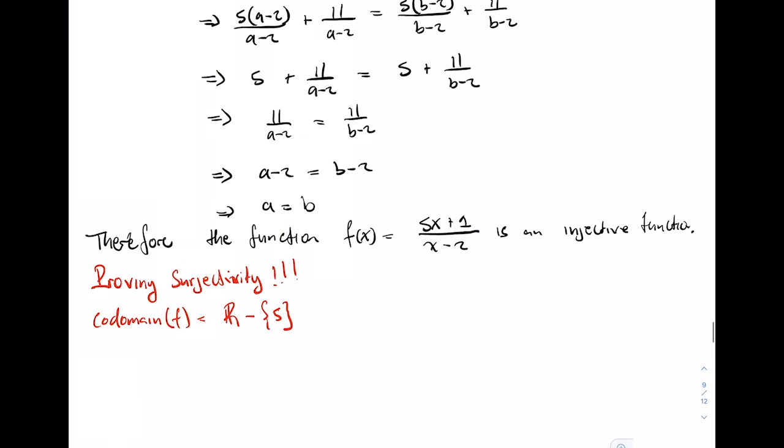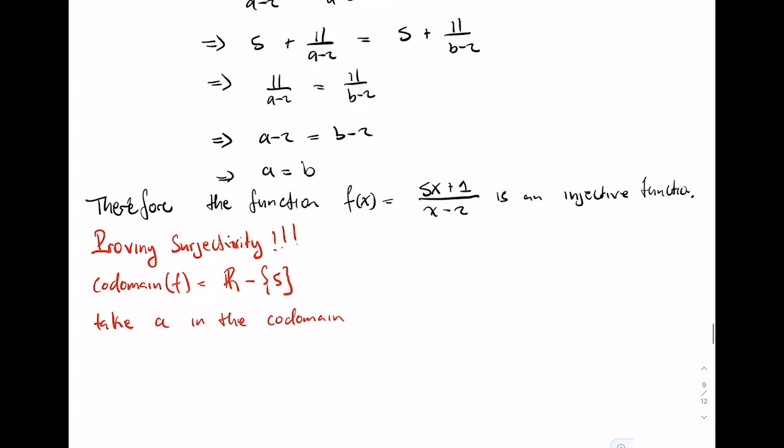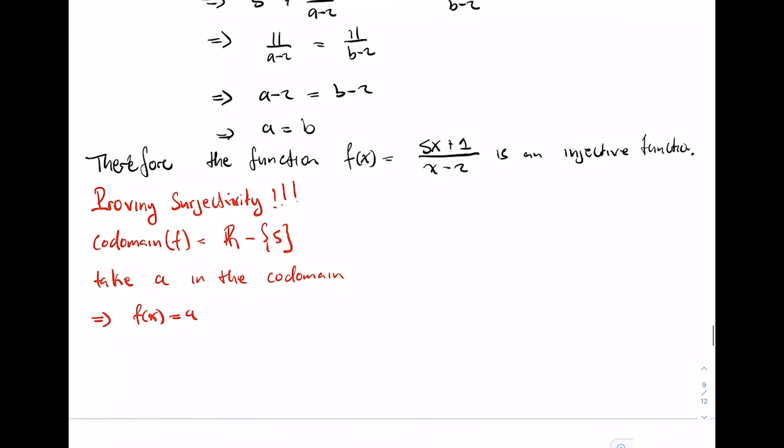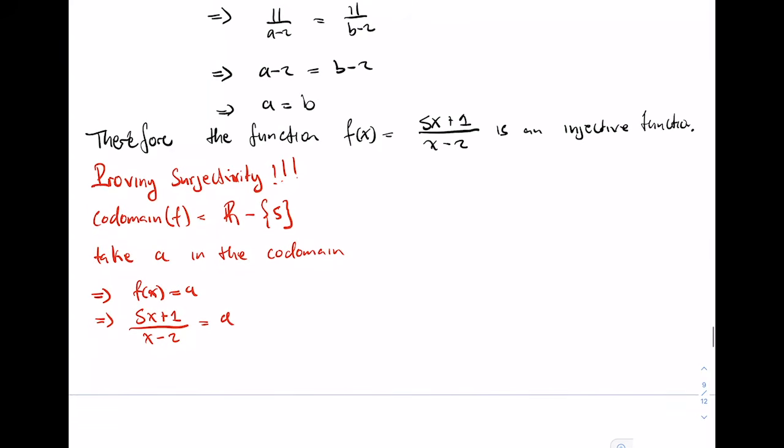Now, we'll say, okay, take a in the codomain. This means that f(x) is equal to a, which now means that (5x plus 1) over (x minus 2) is equal to a. Can I manipulate this expression to give me x as the subject of the formula? Let's do that. So let's make x the subject.